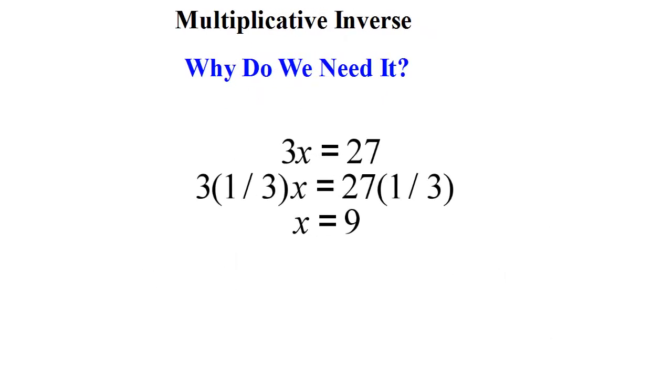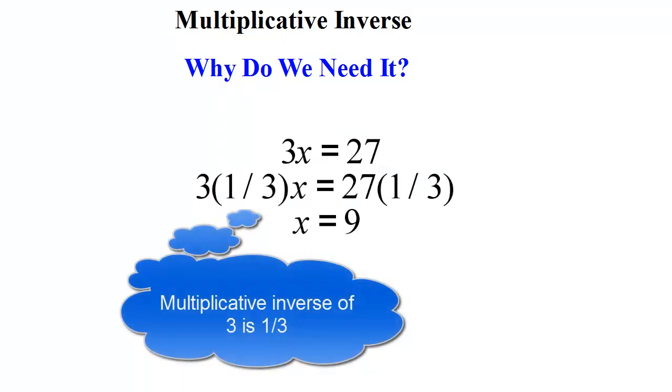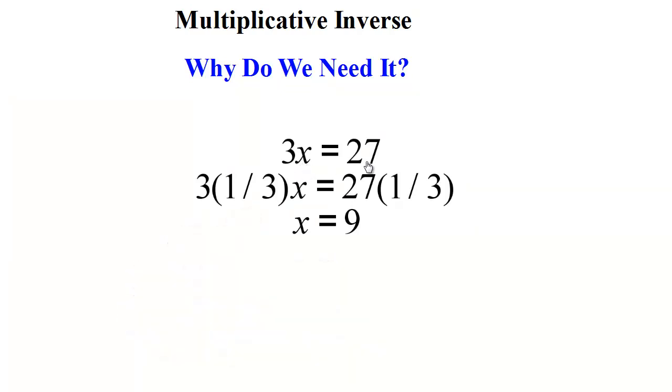So why do we need the multiplicative inverse? Well, in algebra, if we have 3x equals 27, and we need to solve for x, get x by itself, we're going to multiply both sides by 1/3. 3 times a third, 27 times a third, to isolate the x.